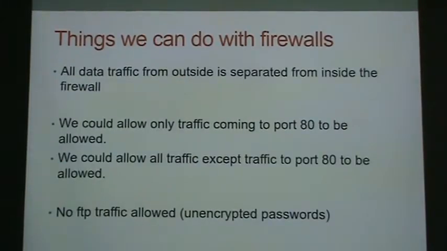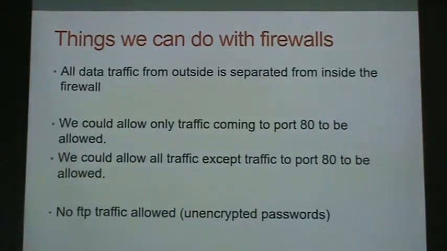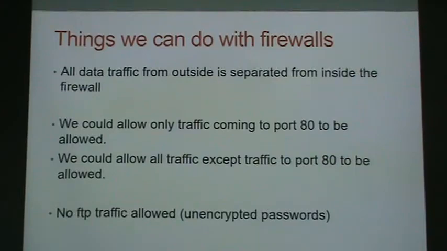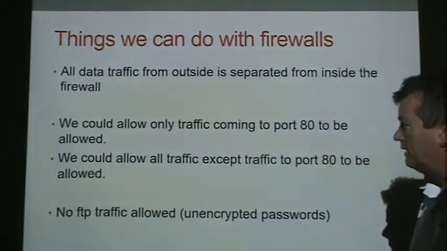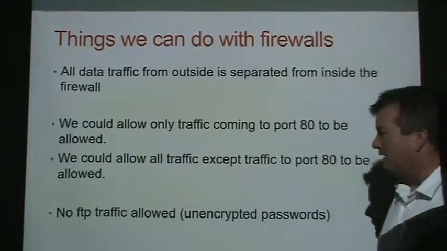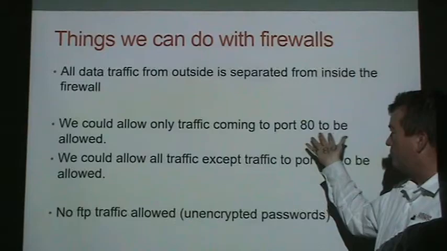So, things that we could do with a firewall is have all data traffic from the outside separated from the inside. We could allow only traffic coming in, for example, from messages from port 80.